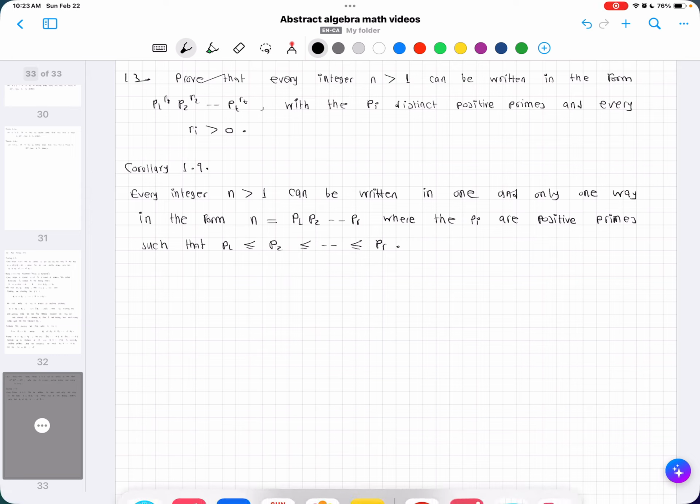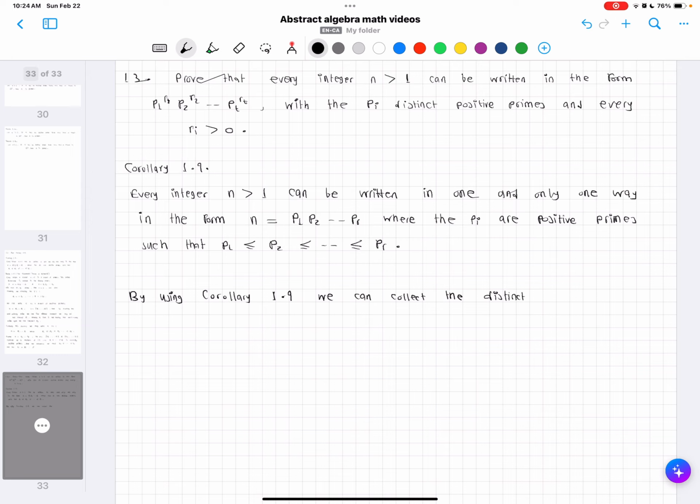But anyways, let's use this corollary to factor n. By using corollary 1.9, we can collect the distinct primes into a singular product.